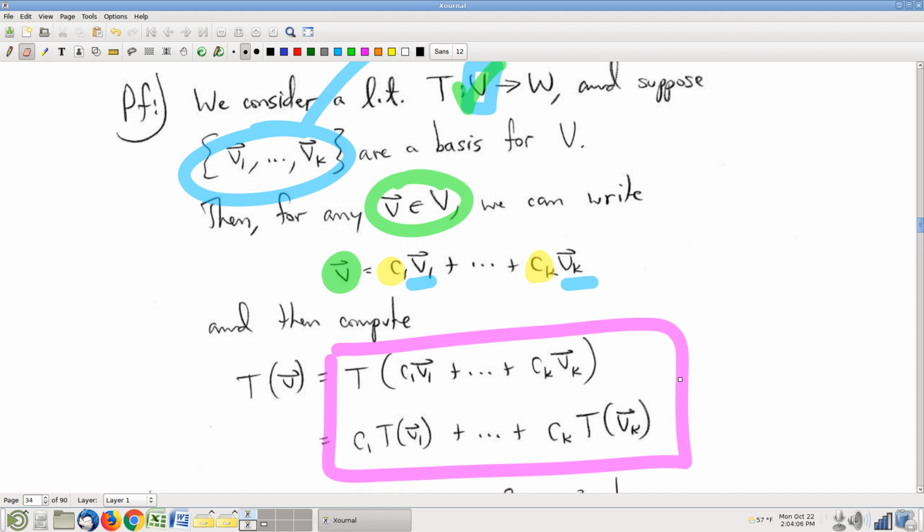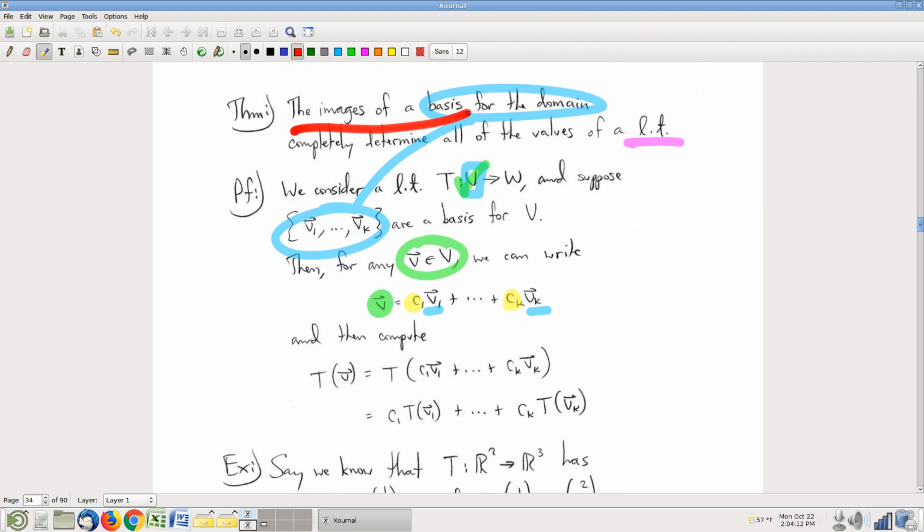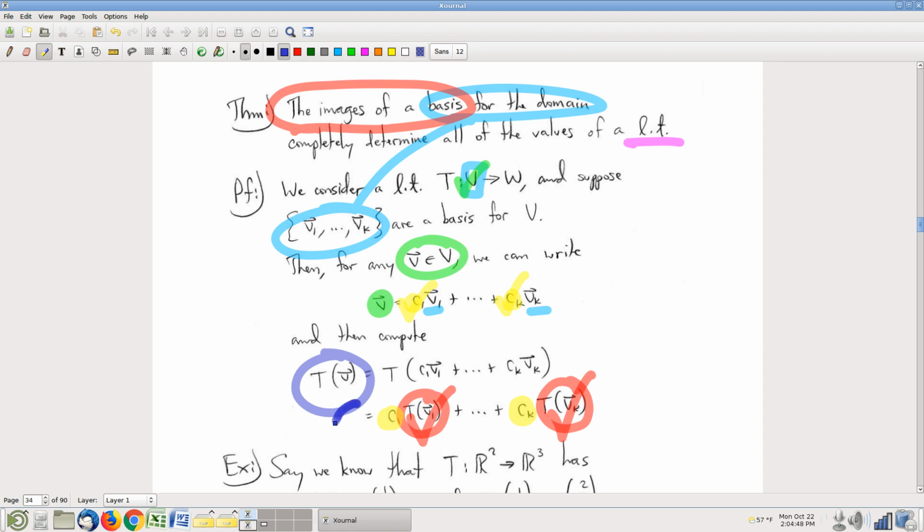By knowing the images of these basis vectors, if I know these output values just at the basis vectors, keep in mind I also know these coefficients, c1 through ck. You give me some vector v, it might be a little bit of trouble to find them, but there is some way to find those coefficients, and therefore I know everything that I need to know in order to compute T of v. T of v is just that formula.